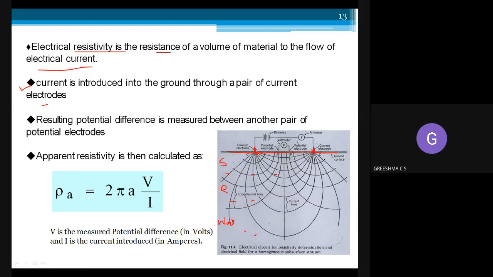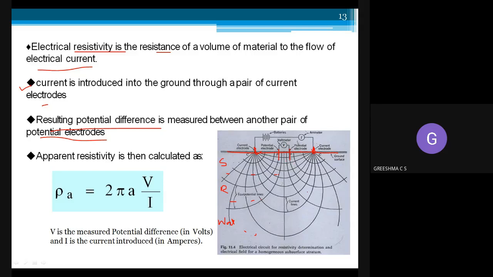The resulting potential difference will be measured by another pair of potential electrodes, which they have installed here also.